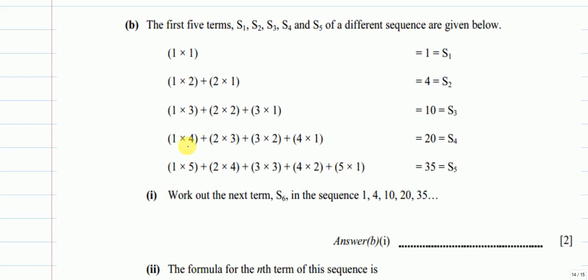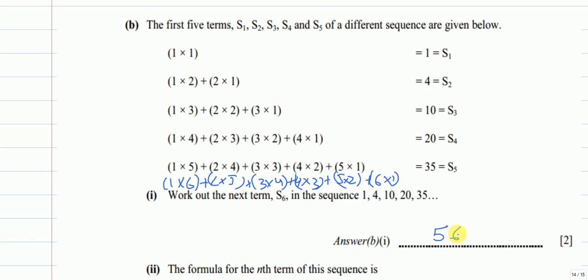Easier way is that you can just copy, and just say 1 times 6 plus 2 times 5 and so on. You can just write, if you want, 3 times 4 plus 4 times 3, then you have 5 times 2, and then finally 6 times 1. Yeah, it's a bit stretchy. So you will end up with 56.